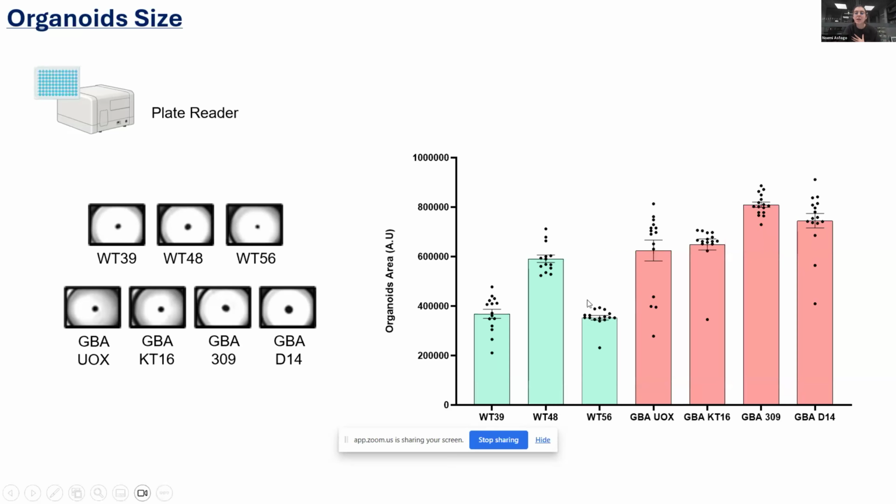And as you can see, there is a variability of the size between our cell lines. However, every dot is an organoid generated, and mostly every organoid generated has a consistent size within each cell line.